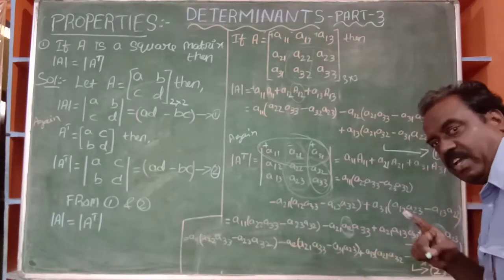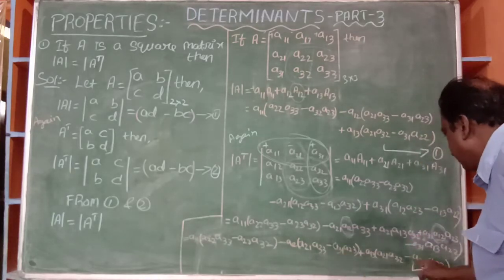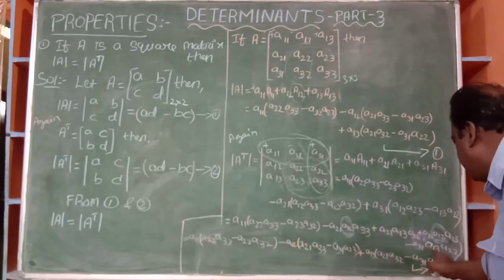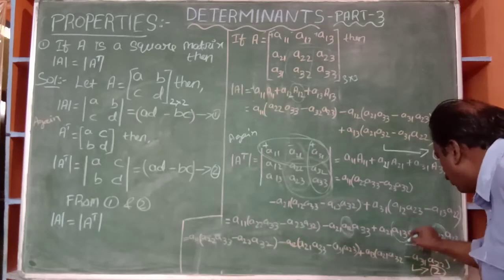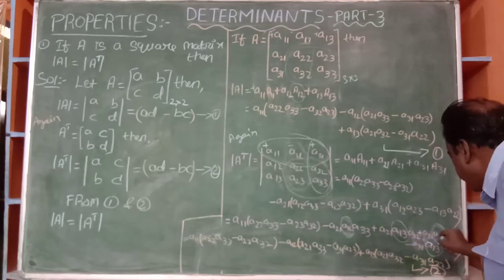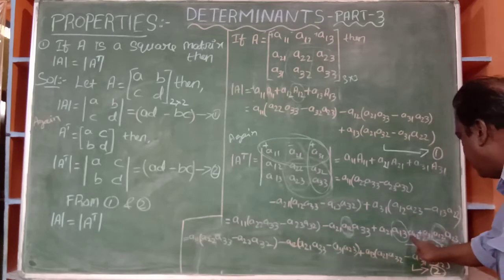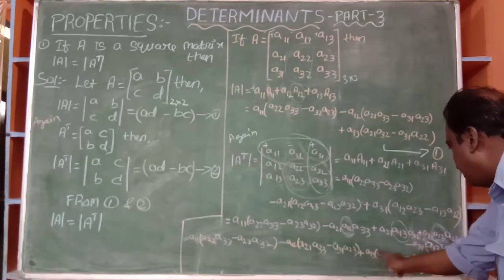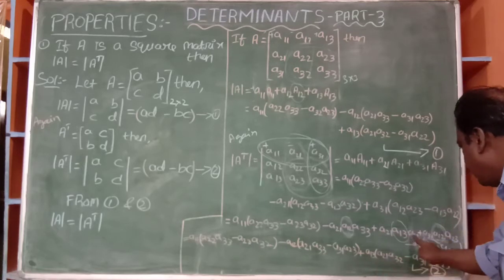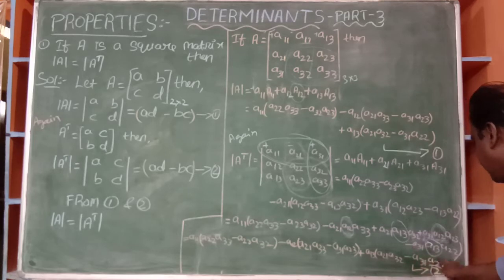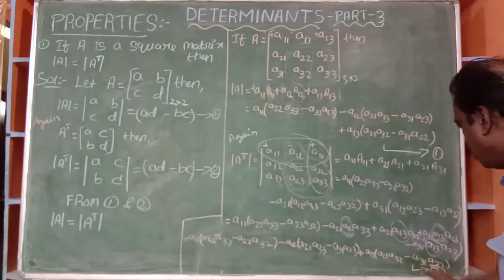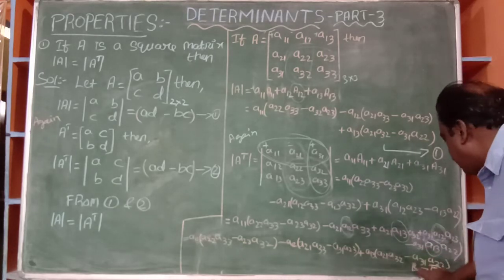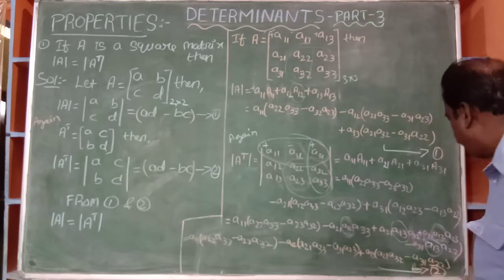Next, in the other two terms a13 is common: a21 a32 minus a31 a22. Say it is equation 2.